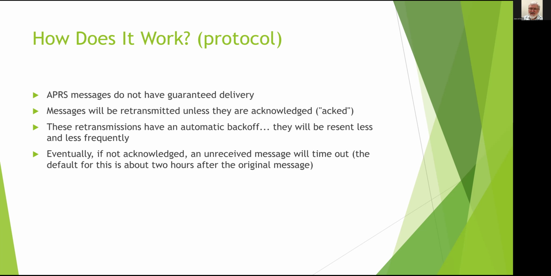And you get into this whole acknowledgement question. With APRS, if I'm sending a message, it will have a sequence number on it and it will be expecting to receive an acknowledgement that that message was received. So if I receive a message, my device will automatically acknowledge that by sending another packet back. If it doesn't get through, that guy's going to retry a few times until a couple hours go by. Okay.